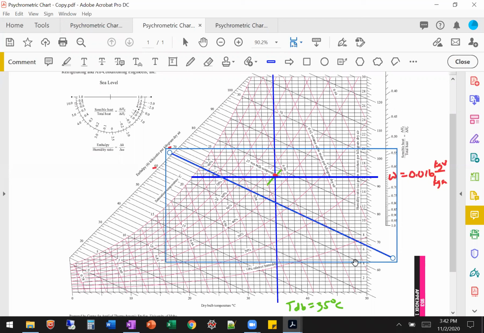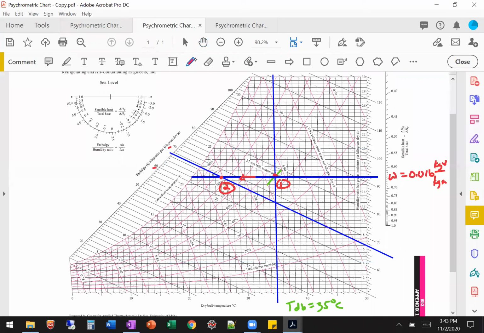And there's our point right there. So we went basically from point 1, our state 1 right here, to our state 2 right here.